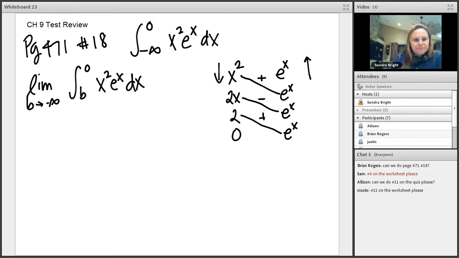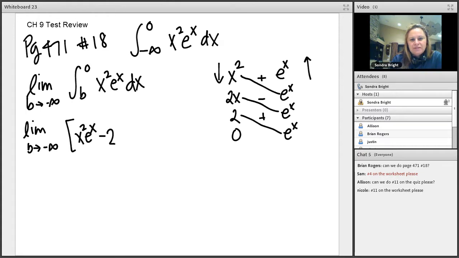So this becomes the limit as b goes to negative infinity of x squared e to the x, minus 2x e to the x, plus 2e to the x, from b to 0.